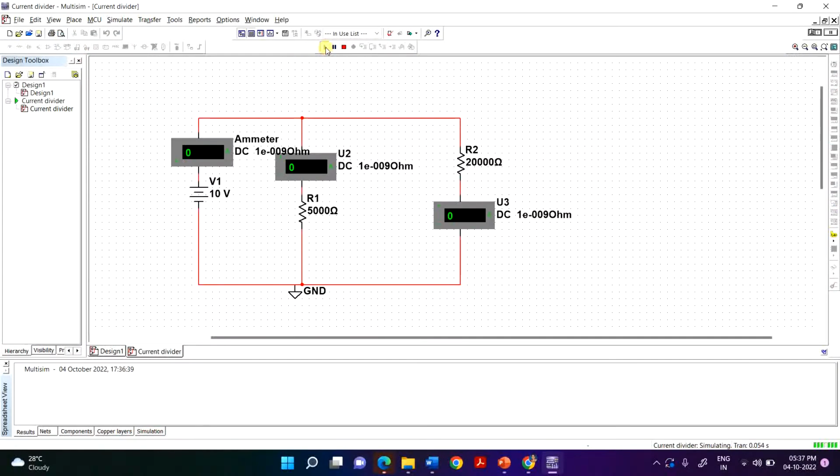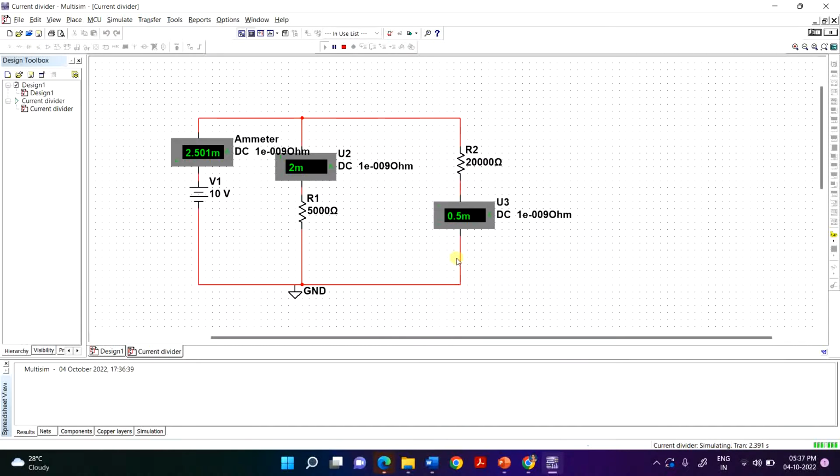So here you can see that I have given a 10 volt supply voltage. This is the source current 2.5 milliamps. This is the current I1 corresponding to 2 milliamps, and this is the current I2 corresponding to 0.5 milliamps.